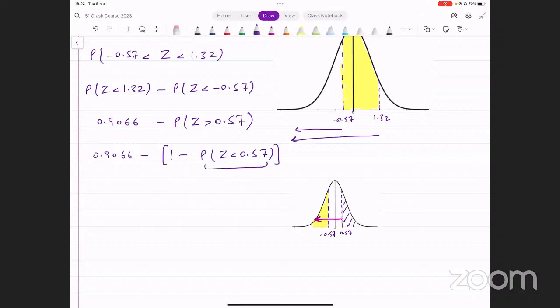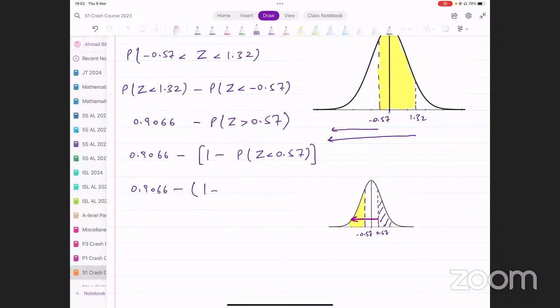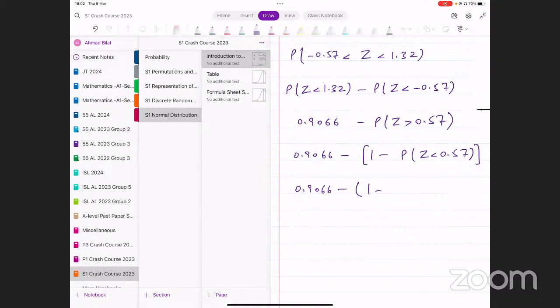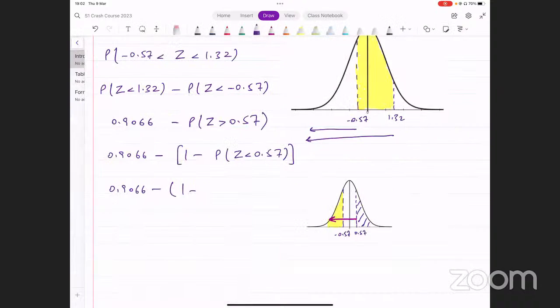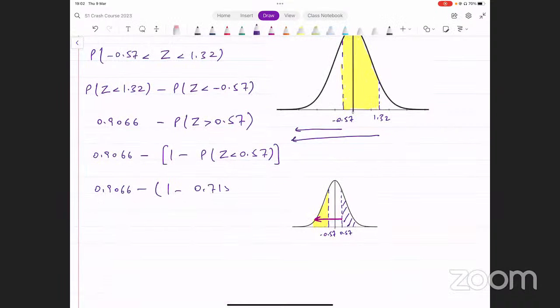This is something in standard form now. We can use the table and find this value. Let's see what this turns out to be. 0.57, so this is 0.5, this is 7. The value that you get here is 0.7157. Let's write that here, 0.7157.